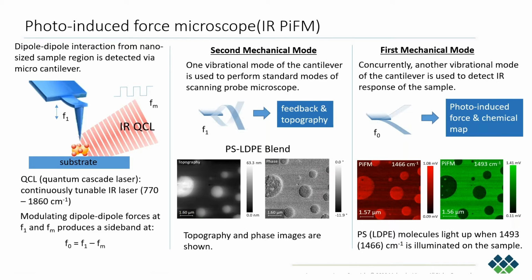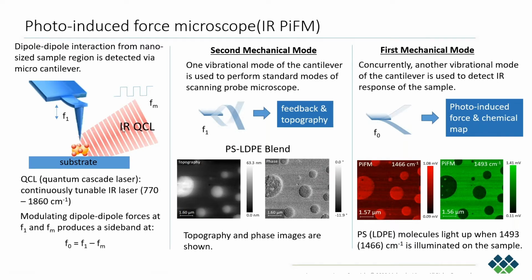We do so that we can get very close to the sample surface, so that when we excite the sample with an optical beam, that photo-induced force can be used to excite the first mode, the F0 mode, of the cantilever.